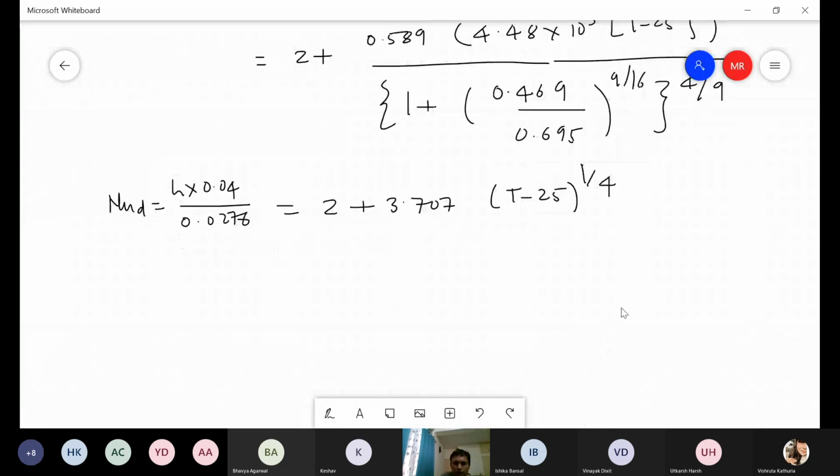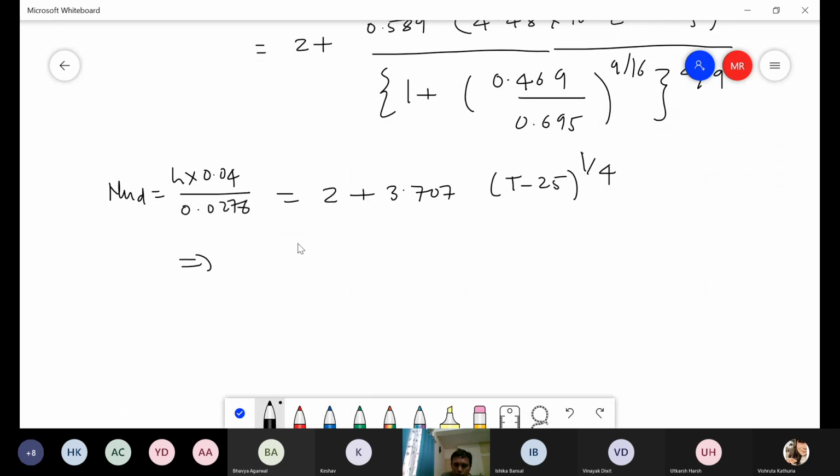So h comes out to be 1.38 plus 2.558 (T minus 25) raised to the power 1 by 4. Is it correct? Yes, sir. So this is what our h is.